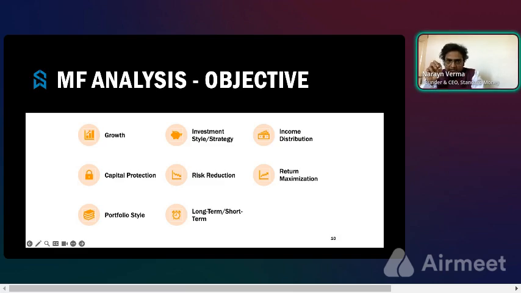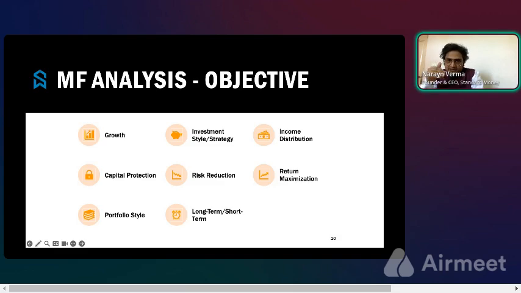Return maximization. But if the fund is defining very clearly that the objective is risk reduction, for example, in a diversified debt fund, if lower risk is the objective, the fund is trying to invest in securities which are going to be offering less volatility, like gilt securities, shorter duration securities.